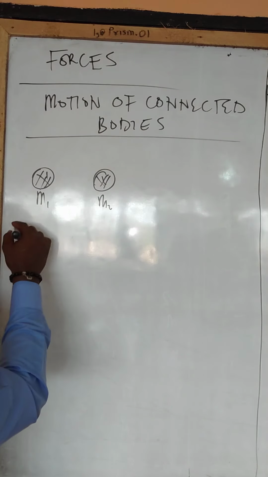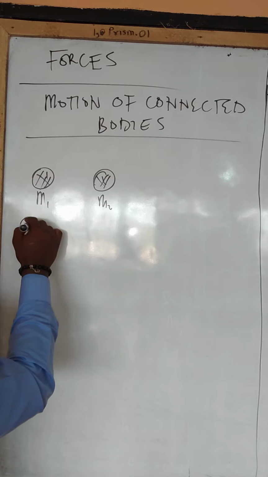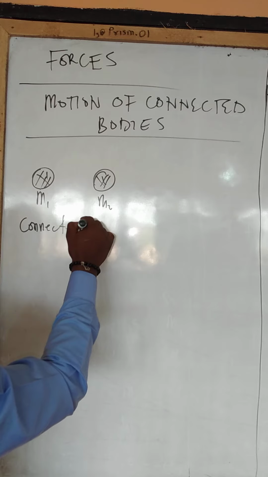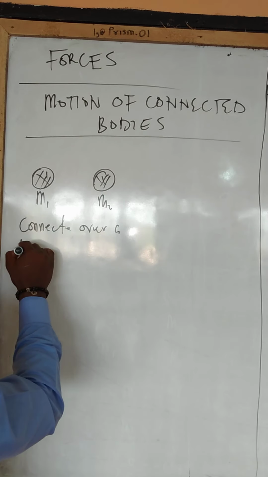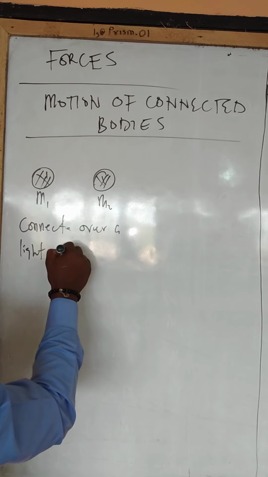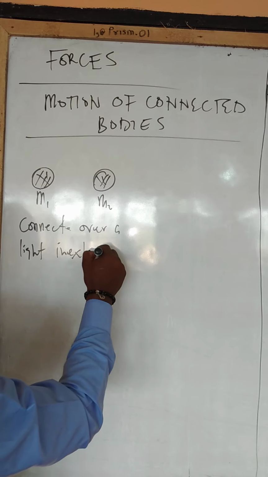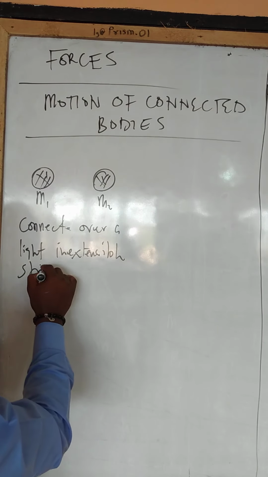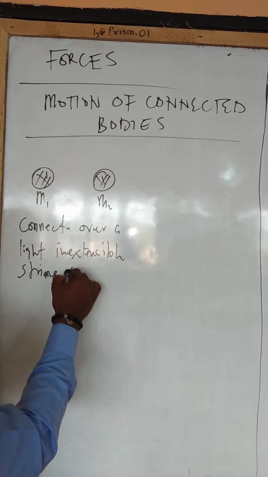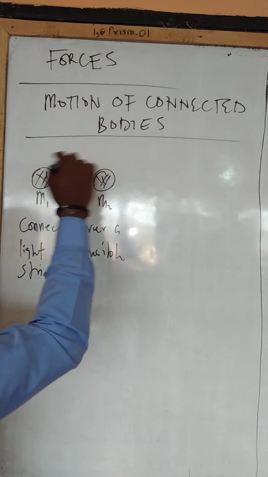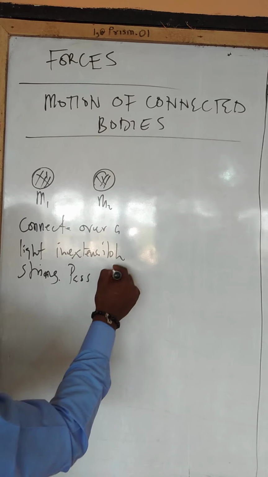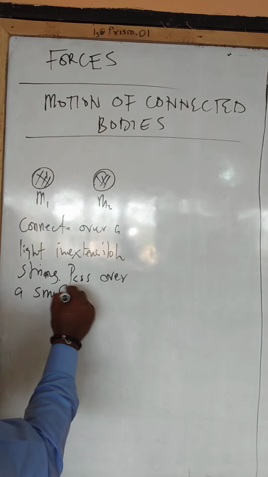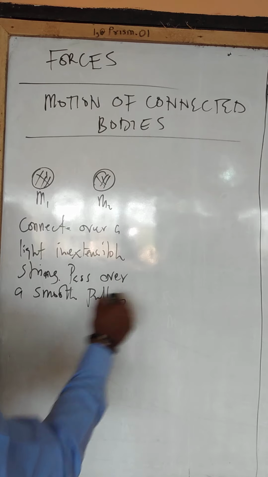What I want to do is connect these two bodies over a light inextensible string, and then pass the string over a very smooth pulley.